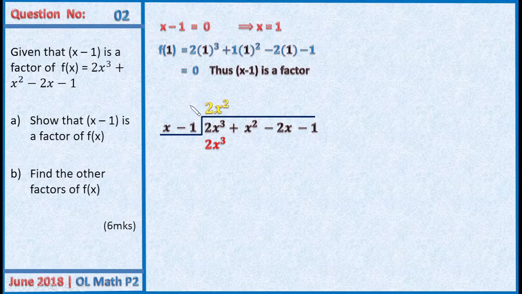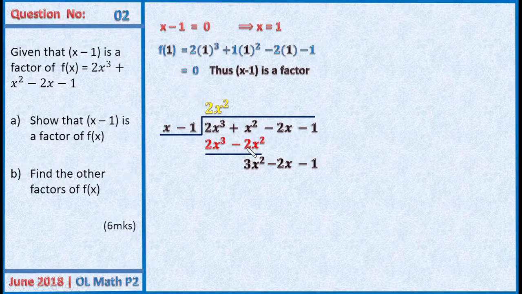And 2x squared times minus 1 is minus 2x squared. We subtract. 2x cubed minus 2x cubed will have 0. And x squared minus 2x squared will give us 3x squared. We bring down the other terms which have not been used. So minus 2x, minus 1.